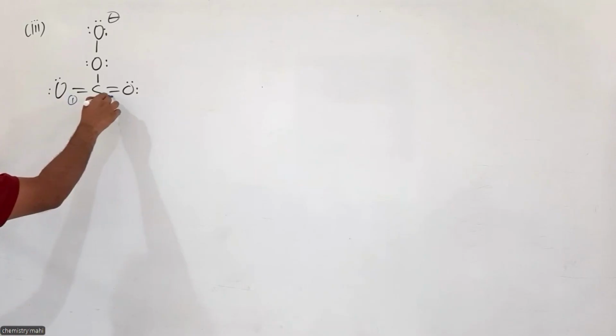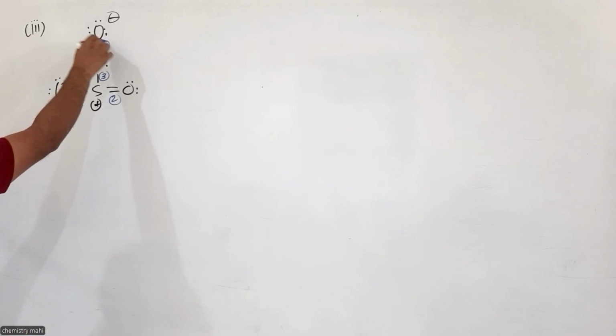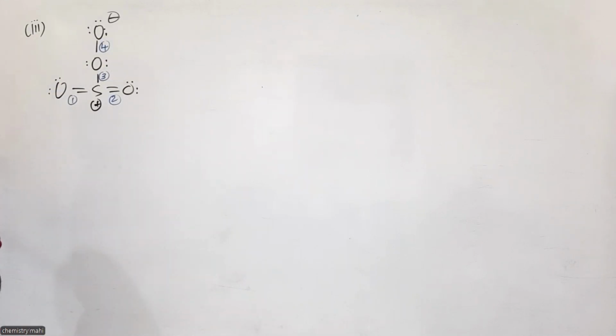1, 2 is there. Then is a third place possible? Yes, lone pair available. Is a fourth place possible? Yes, lone pair available. Then you can have the combinations here. 1, 2 is available already. Then 1, 3 possible. 1, 4 possible.